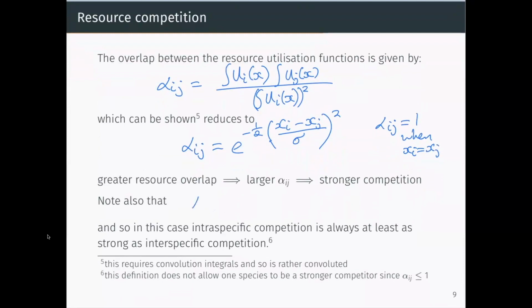So just to make sure this is clear, note that our intraspecific competition, so alpha ii, whether those i's are 1s or 2s in our model above, is equal to 1, and this is always greater than alpha ij if xi does not equal xj. So this way of setting up this type of model assumes by default that intraspecific competition is always at least as strong as interspecific competition.